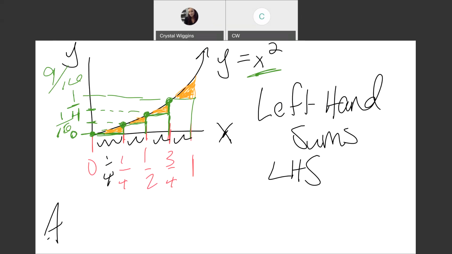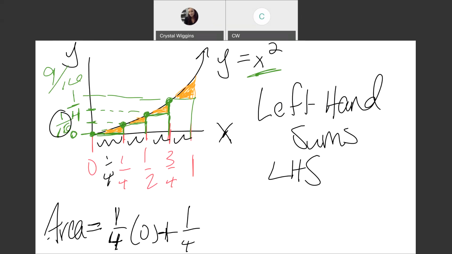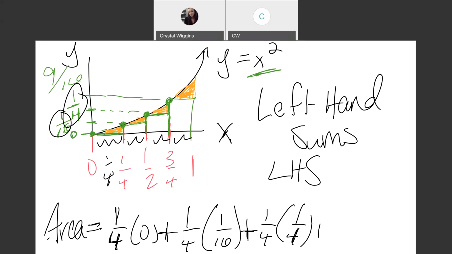So we're trying to find the area, and the first rectangle has a width of 1/4 with a height of 0, plus the width of the second rectangle is 1/4 with a height of 1/16, plus the width of the next rectangle is again 1/4 with a height of 1/4, plus the last rectangle has a width of 1/4 with a height of 9/16.